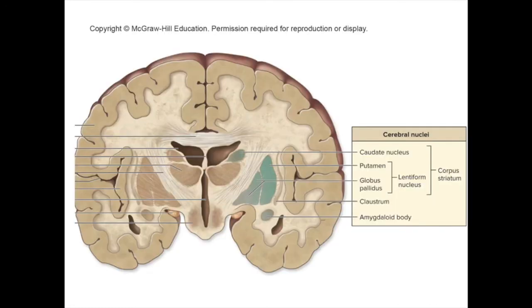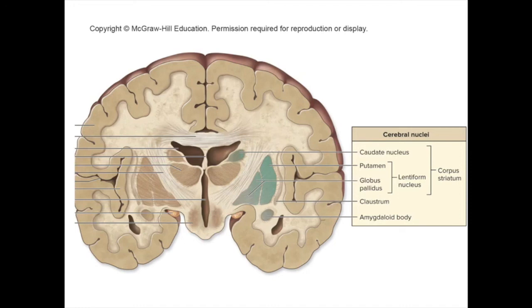And you see, for example, here they call it cerebral nuclei. It's an unusual way of putting it, but you can include here the claustrum, which is that little stripe of gray matter, and the amygdaloid.